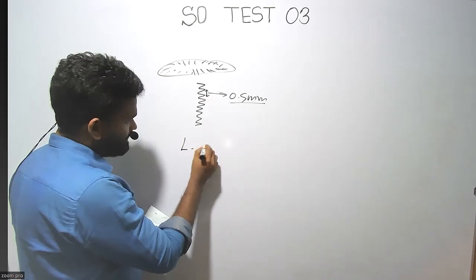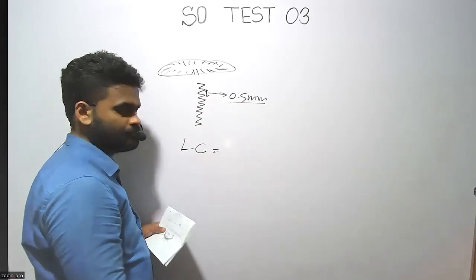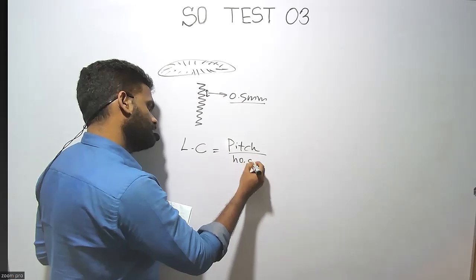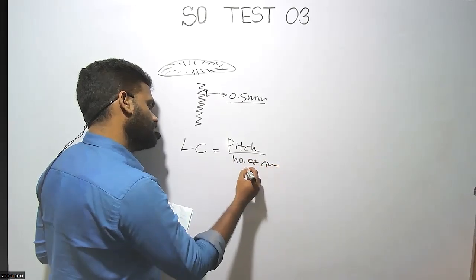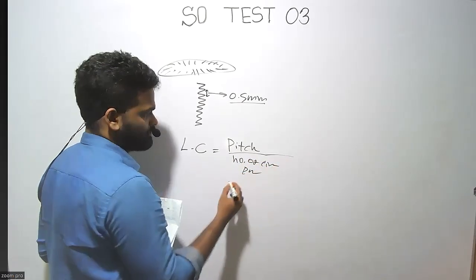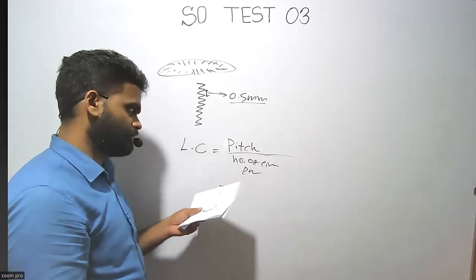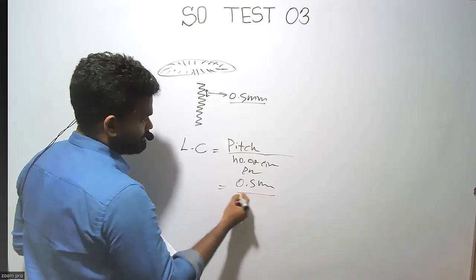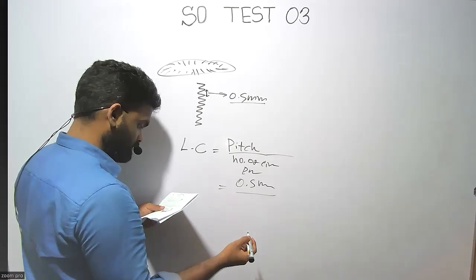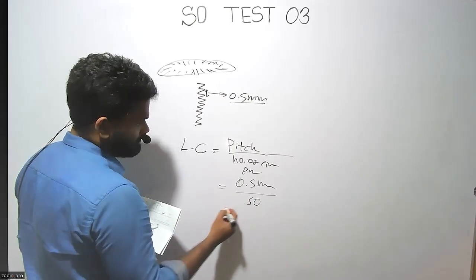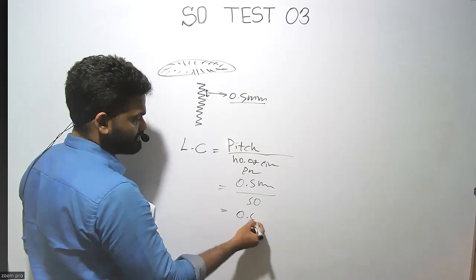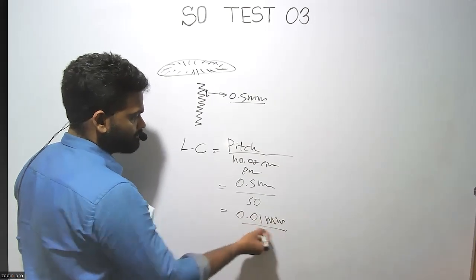To find the least count, what do you do? You just have to divide this pitch by the number of circular parts. This is a very common equation, right? I think everyone knows that. So the pitch is 0.5 millimeters divided by the number of parts, 50. So it is 0.1 divided by 10, 0.01 millimeters.